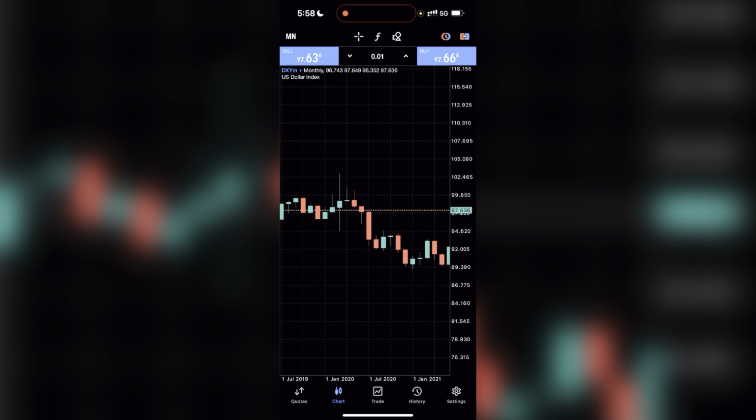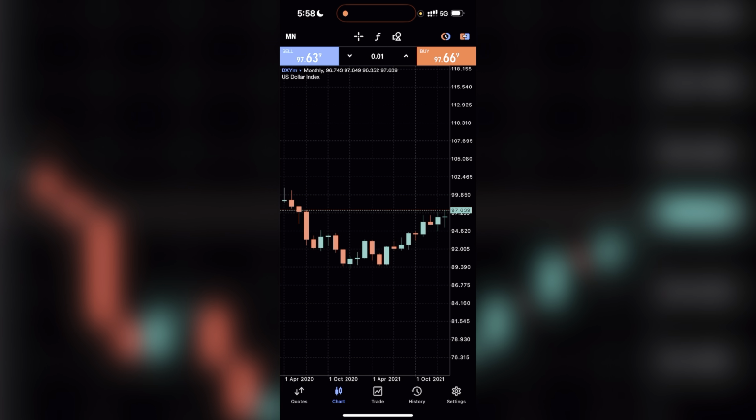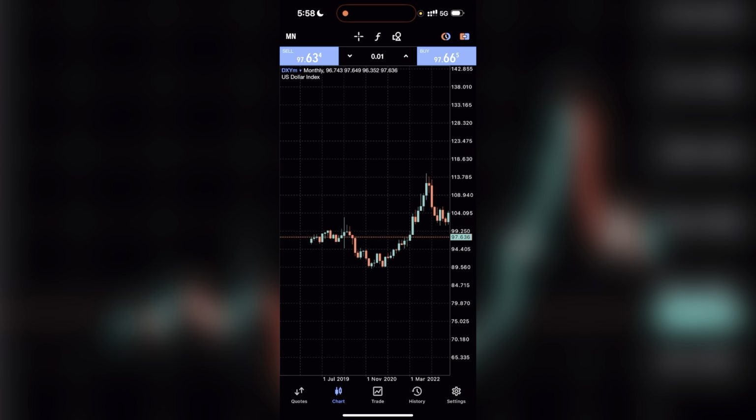And the safe haven for most people is buying gold. So that's how you see the dollar just went down. It kept tanking, it kept going down just because of COVID-19.